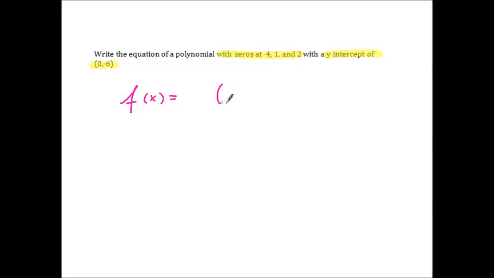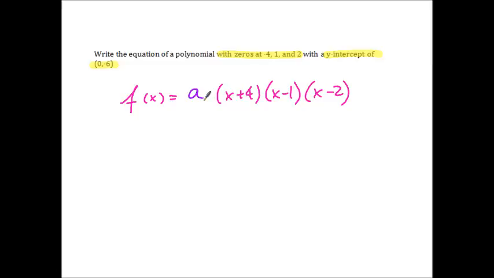We have x plus 4, x minus 1, and x minus 2 as our factors. But we also have a dilation. The dilation at this point we just don't know yet. So I'm going to plug in a for a dilation, and this is what we need to find.